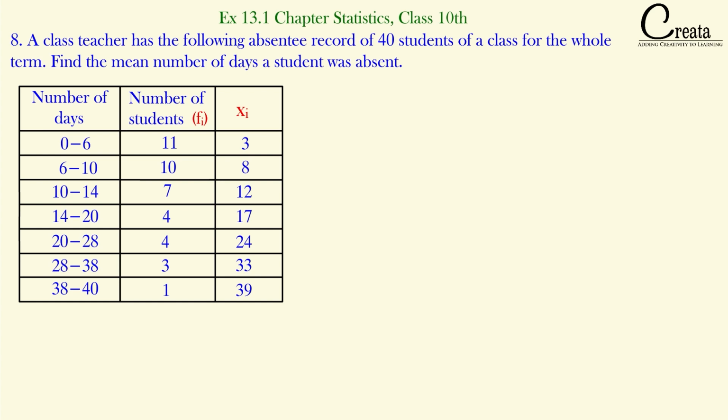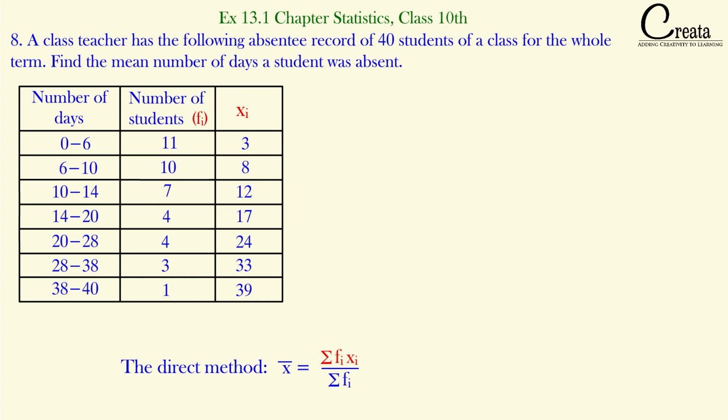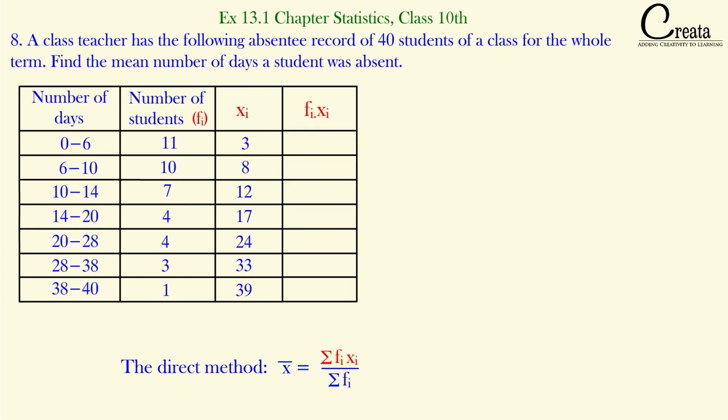Now we have two options: either go with the direct method or the assumed mean method. It is up to you; whichever method you find convenient you can use, the answer will remain the same. Here we will go with the direct method, in which we have to calculate fi into xi. So let's add one more column, fi into xi.